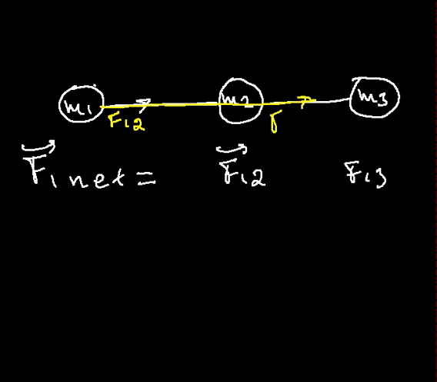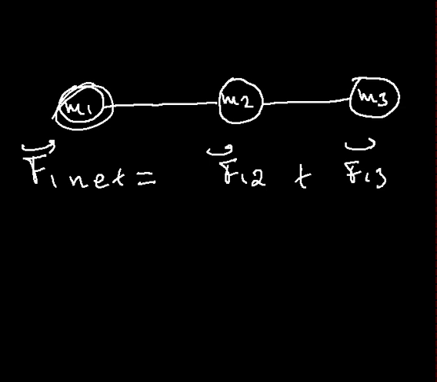That is the force F13. Since it is going towards the positive, the force will be positive here. So that's how you start to understand the expression for the net force on mass 1.